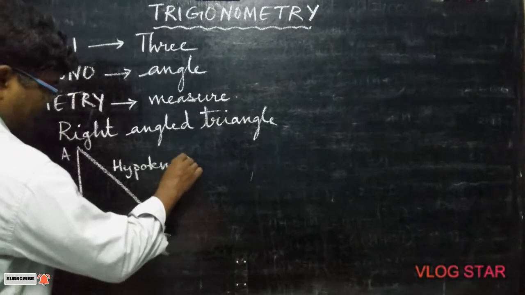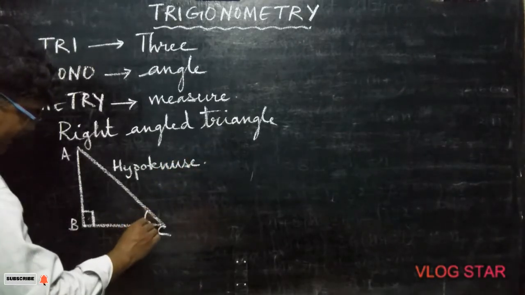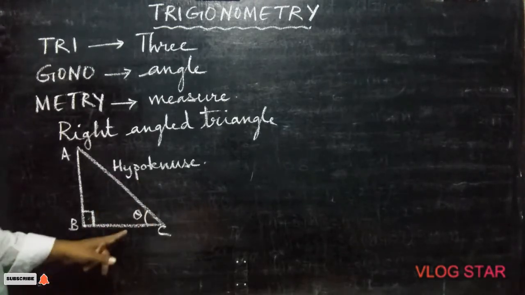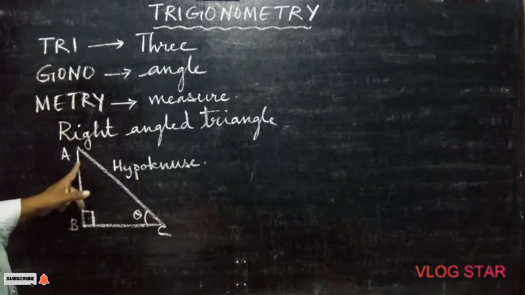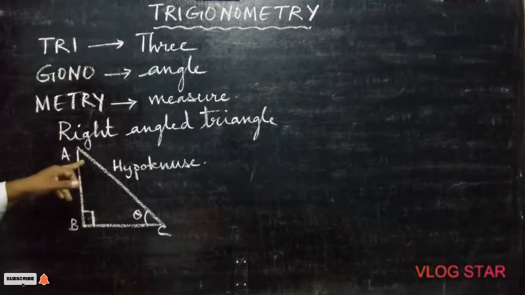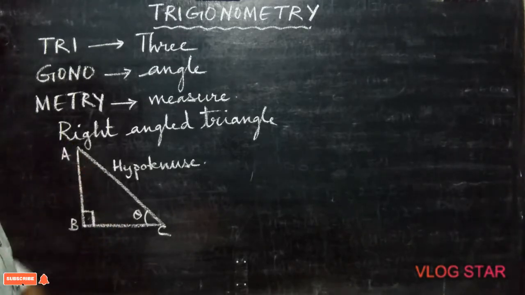This everyone knows. This is the unknown angle. If we put theta, the unknown angle we will call theta, then this will be 90 minus theta, or you can call it beta or whatever. Sometimes if you take this one as theta, then this will be 90 minus theta, vice versa.